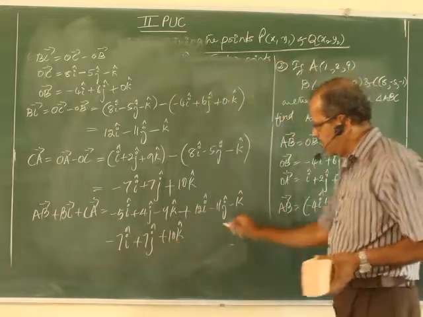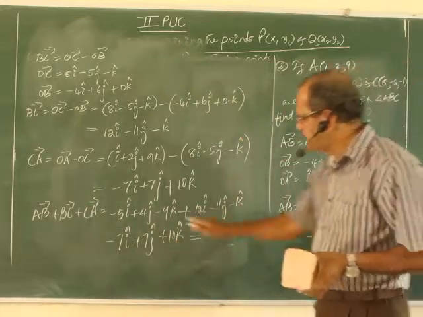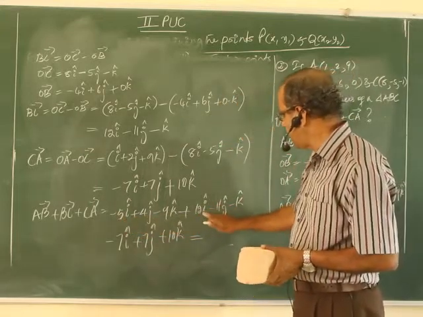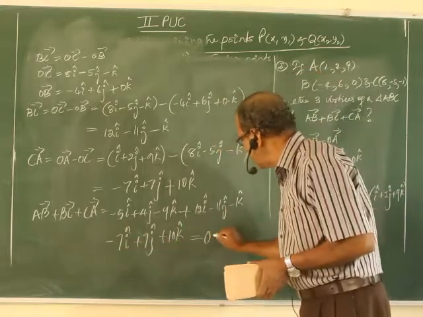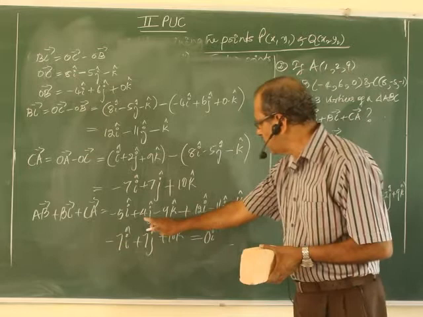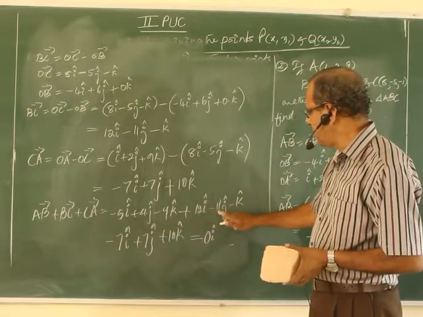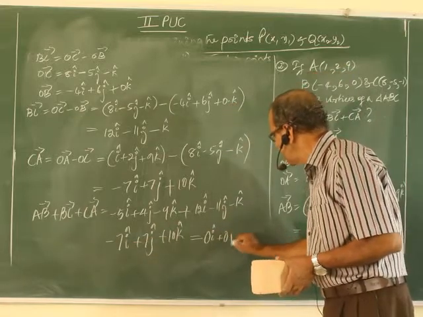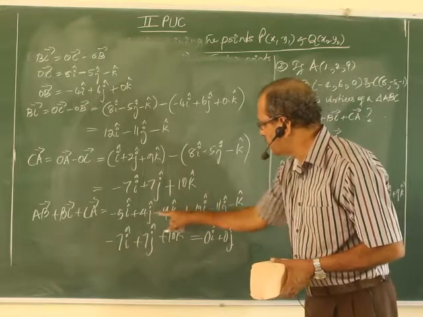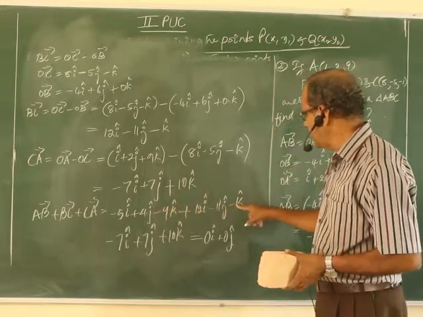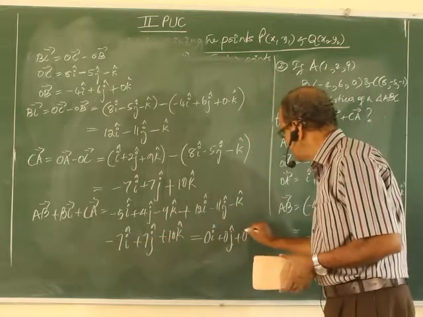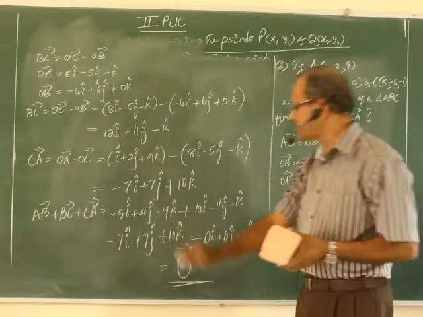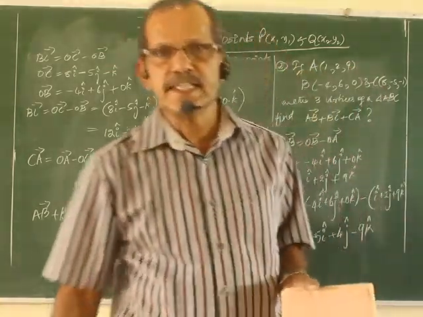Adding: minus 5i plus 12i minus 7i is 0i, 4j minus 11j plus 7j is 0j, minus 9 minus 1 plus 10 is 0. It is a zero vector.